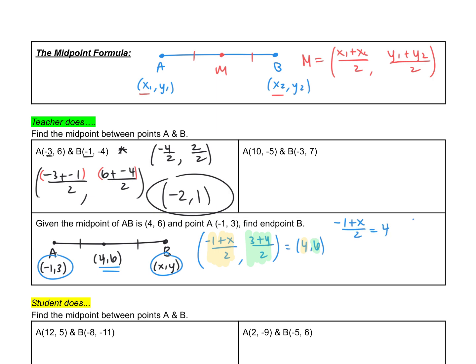The one for y is 3 add y over 2 equals 6. You had something very similar to this on the algebra review that you did. Does anybody remember, if I go to solve for x, what I can do first?